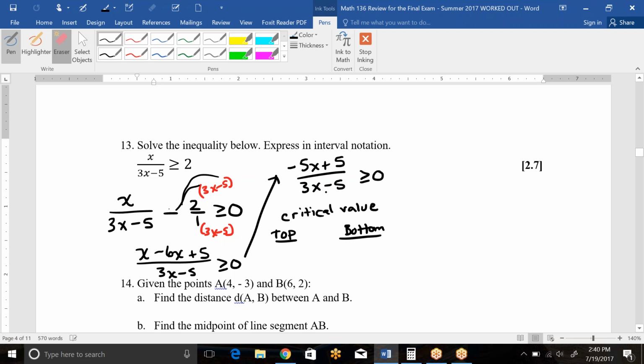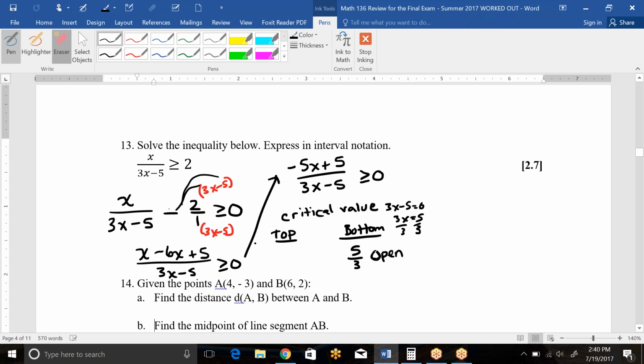So the critical value for the bottom, think about setting this equal to 0. We would add 5 and then divide by 3. So 5/3 is going to be a critical value for the bottom, and it's going to be open, like an open circle or a parentheses, okay? And that's just any denominator always has to be open. You do not want to be equal to 0 because you'd be dividing by 0.